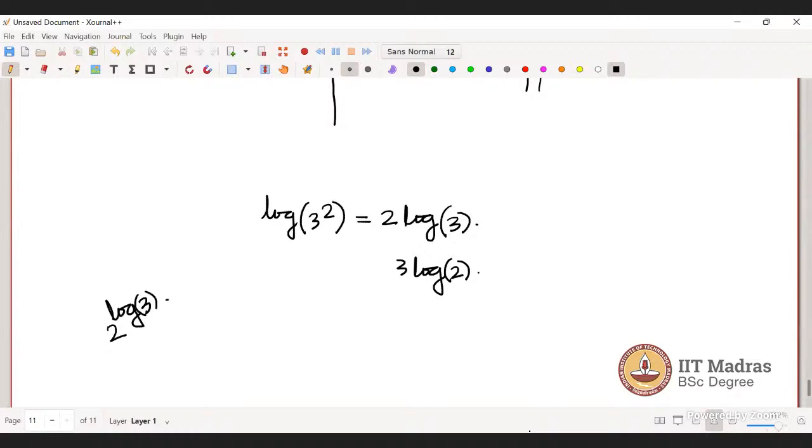We can write it as 3 power log 2. But certainly the 3 log 2 version is not correct. Log 3 square is basically 2 log 3, that I agree, but it's not equal to 3 times log 2.